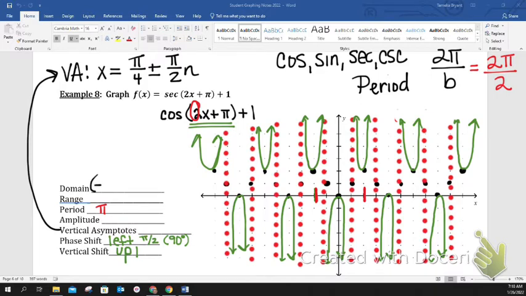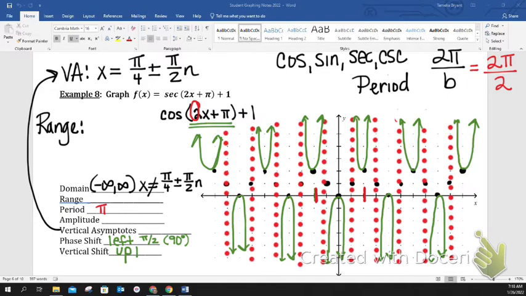My domain is all real numbers. And then you would have to say that x cannot equal pi over 4 plus or minus pi over 2n. The range, and I'll also write this here so you can see that.